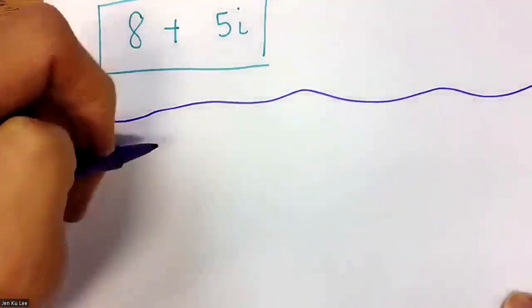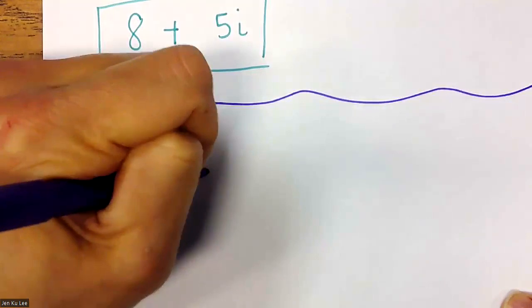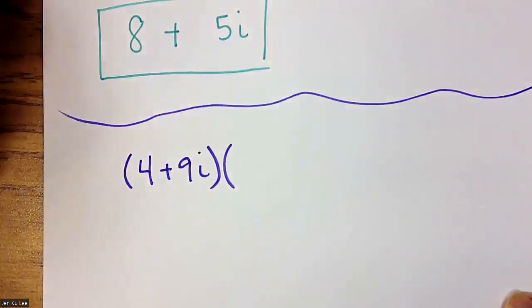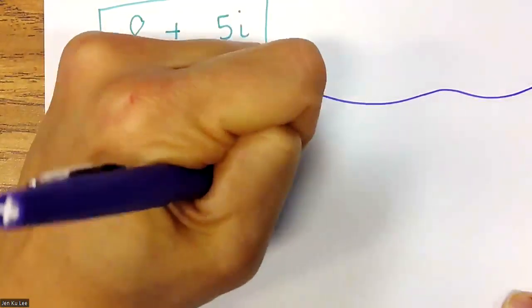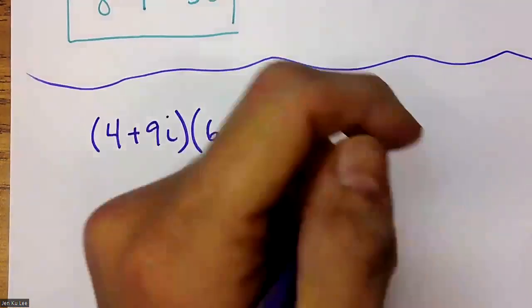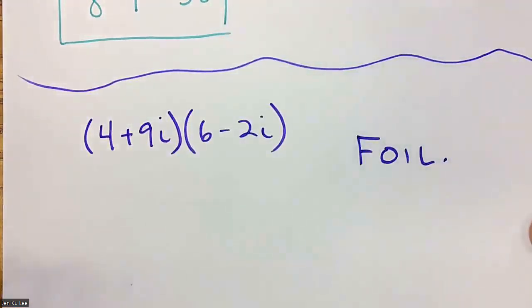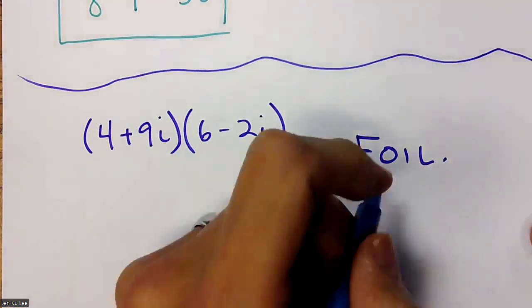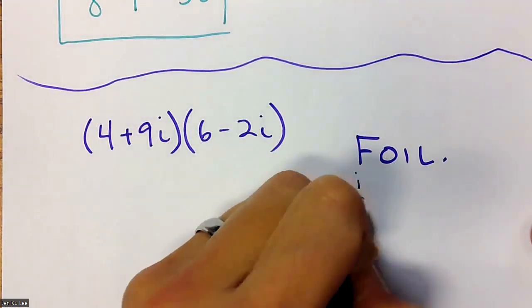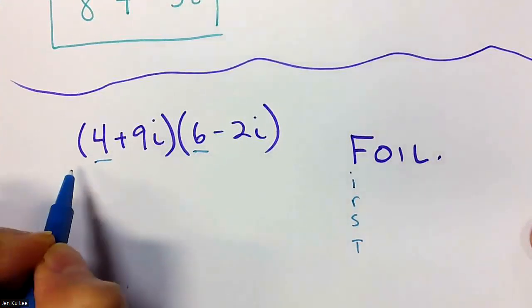Okay, when we multiply 4 plus 9i times 6 minus 2i, we're going to use FOIL. Okay, we're going to FOIL them out. Remember what FOIL means. F is first. So the first two, 4 times 6.